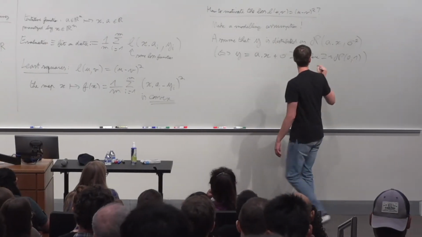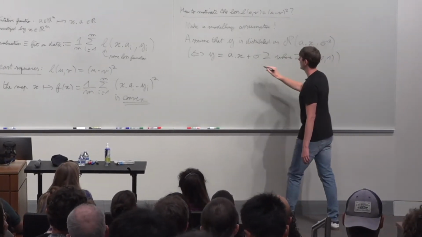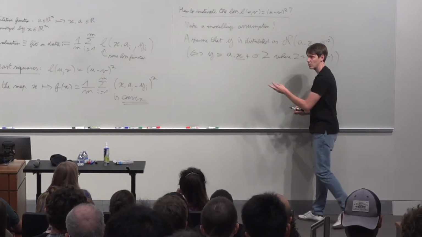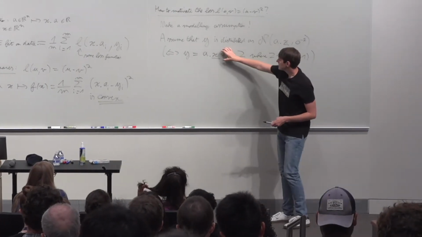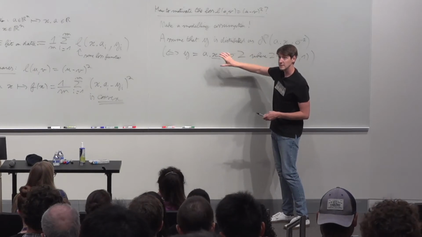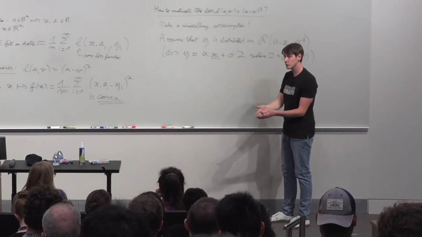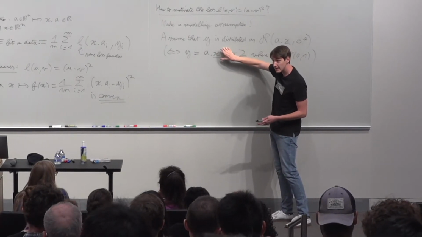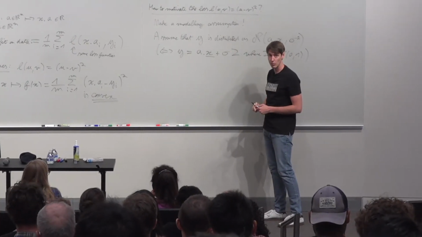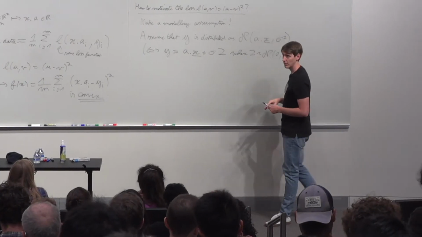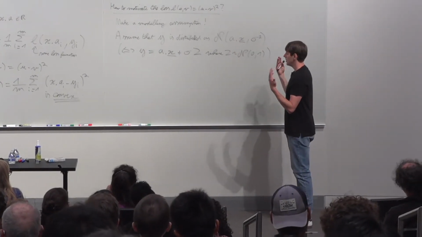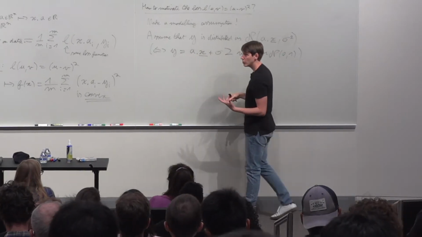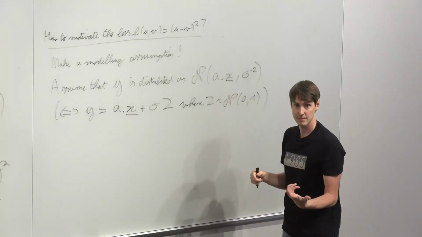Maybe let me put a lower bar here to make it clear that this is the truth. In Rob's language, this is a target concept. This is the truth that was used to generate the data. We don't know it. We're after finding x, which is close to this x lower underscore. Now I get this bunch of pairs a, y, and I want to know what is the likelihood of a given x.